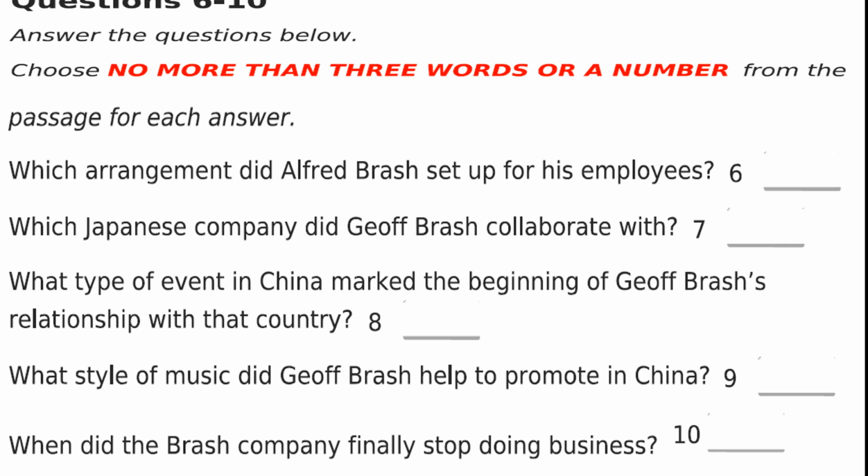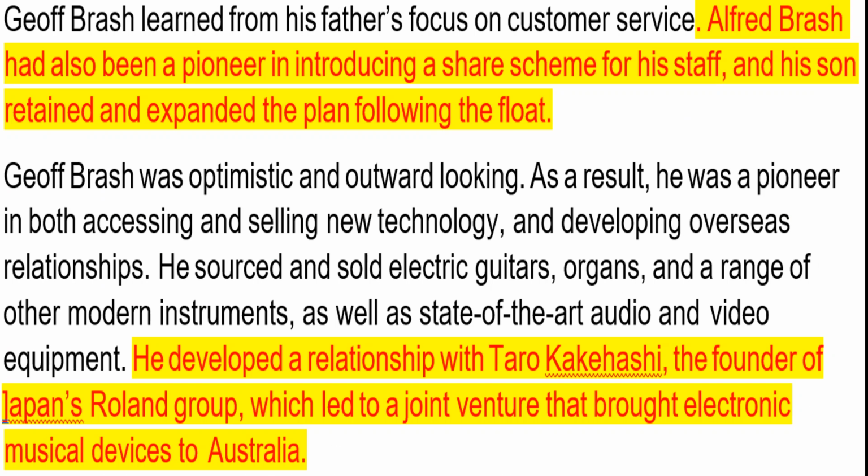Here it is. Which arrangement did Alfred Brash set up for his employees? So let's go to our fifth paragraph. Alfred Brash had also been a pioneer in introducing a share scheme for his staff, and his son retained and expanded the plan following the plot.